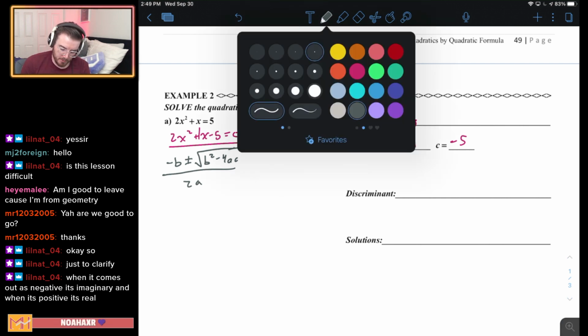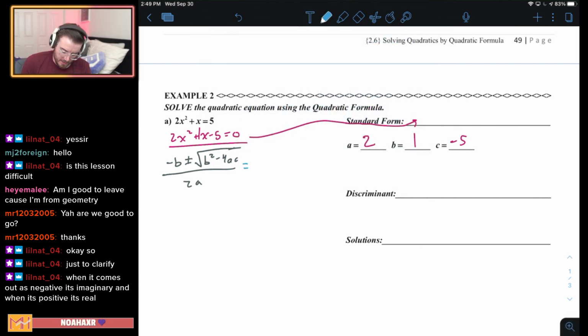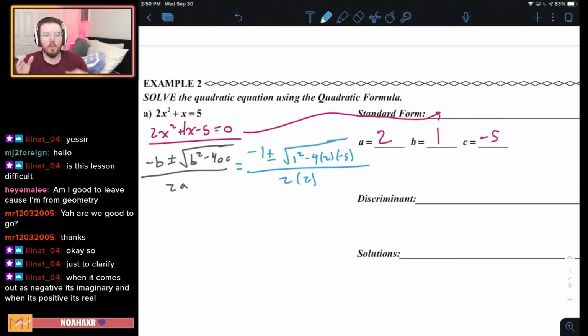So in this problem, we get -1 plus or minus the square root of 1 squared minus 4 times a times c all over 2a. I plugged in all those numbers. Plop. And now we just very carefully do the math.